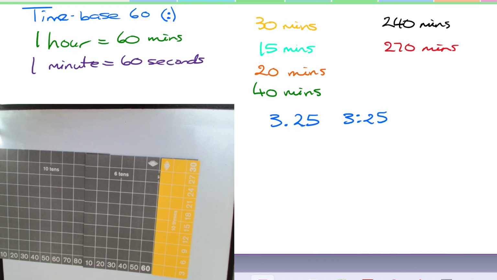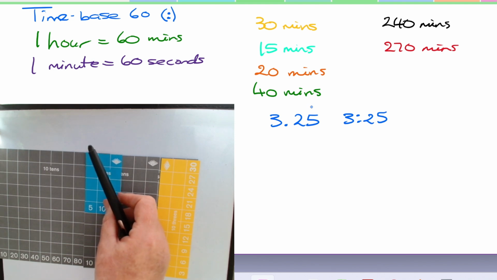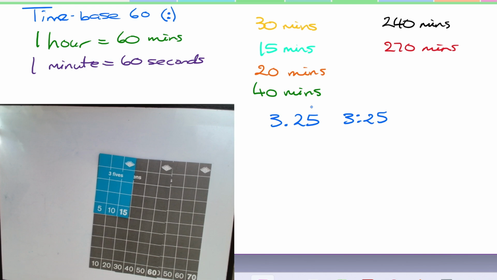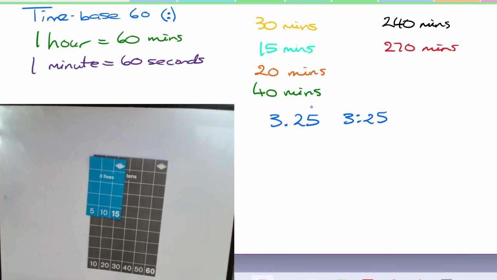And I went back and I said, well, then you can't write it like 3 with a decimal point and then 25. Because, as you remember, what's a quarter of an hour? A quarter of an hour is 15 minutes.